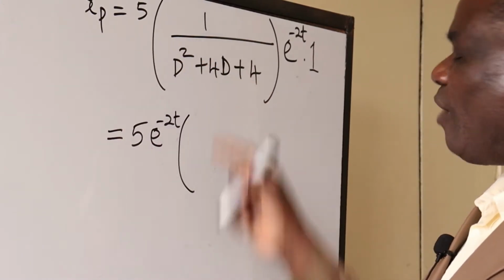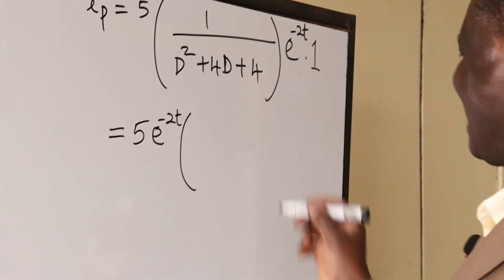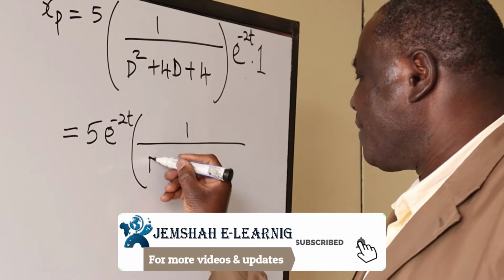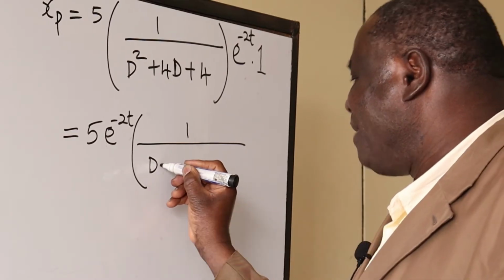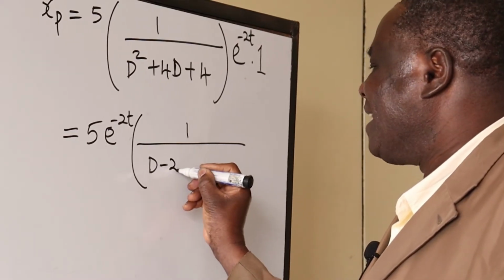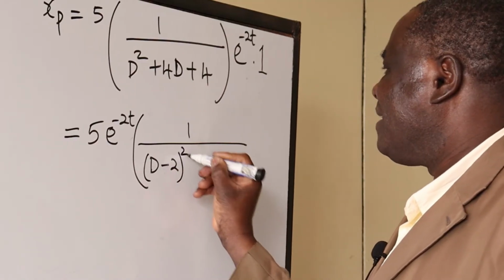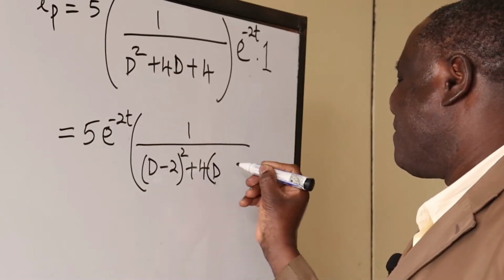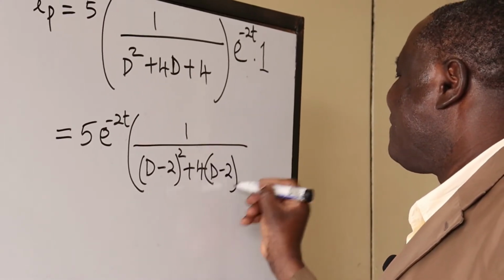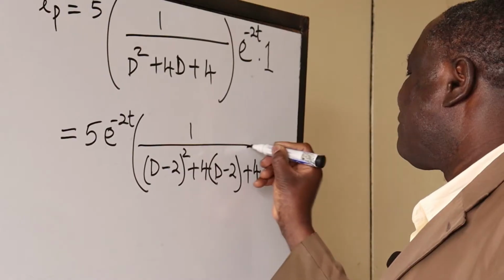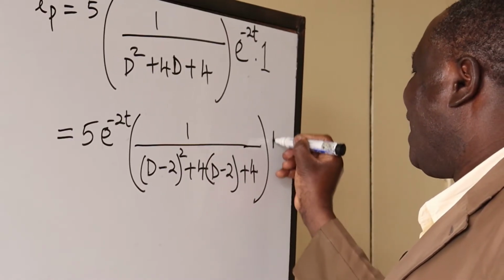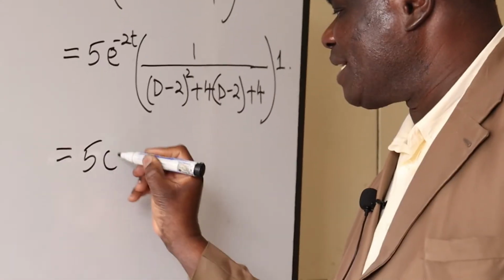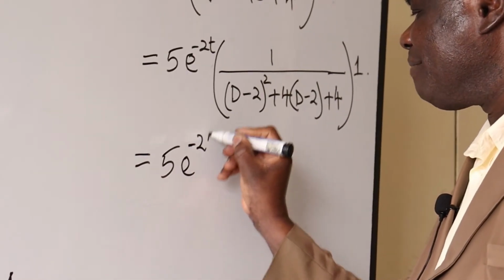Where there was d, now we put d plus a. And our a is what? Our a is -2. D plus a is d plus -2, which is d minus 2. So (d minus 2) squared plus 4 into (d minus 2) plus 4, the whole of this acting on 1, will be equal to 5 exponential negative 2t.